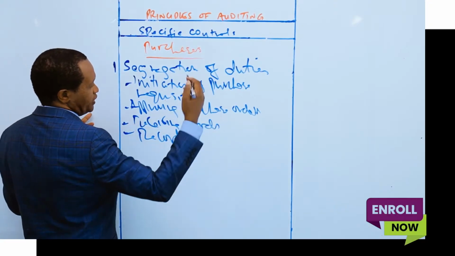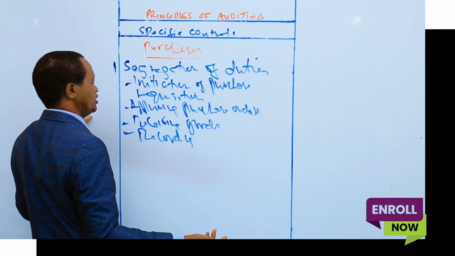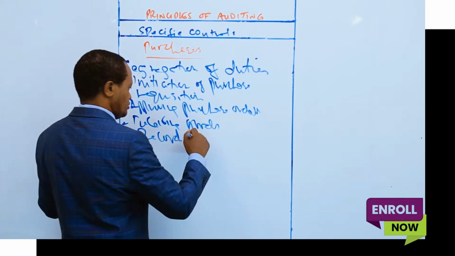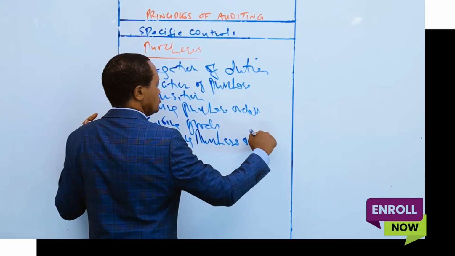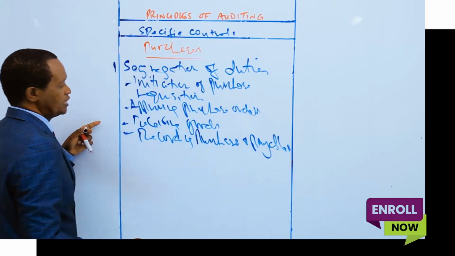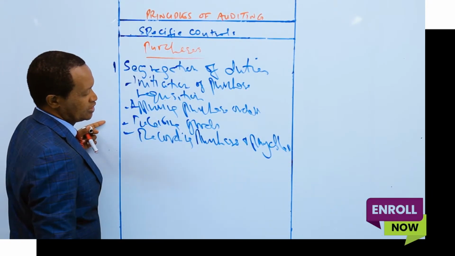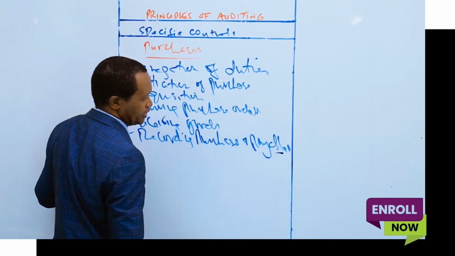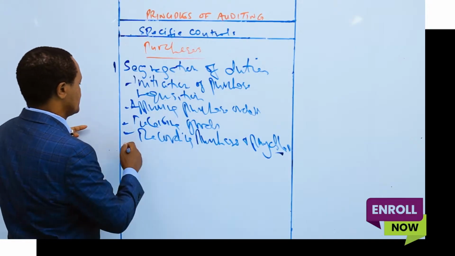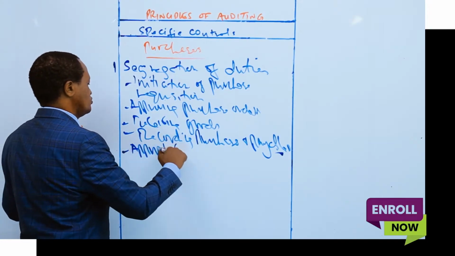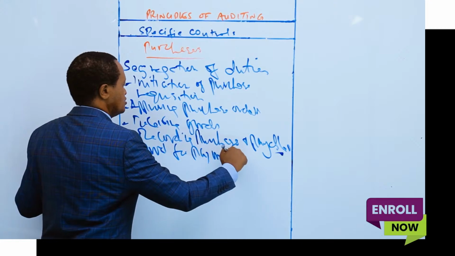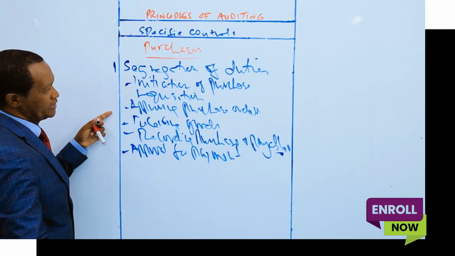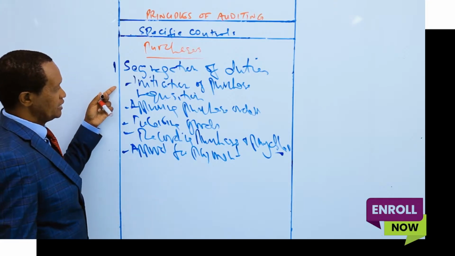If the goods are not paid for in cash, then the company has to record payables, accounts payable. These are creditors. Then there is also approval. All these duties have to be separated. They have to be segregated.